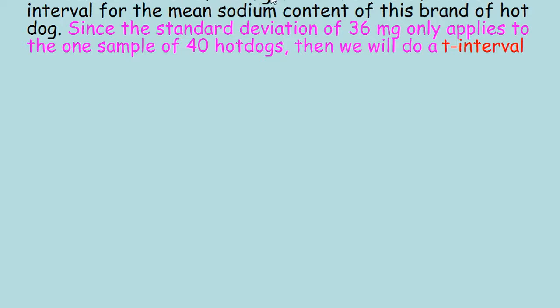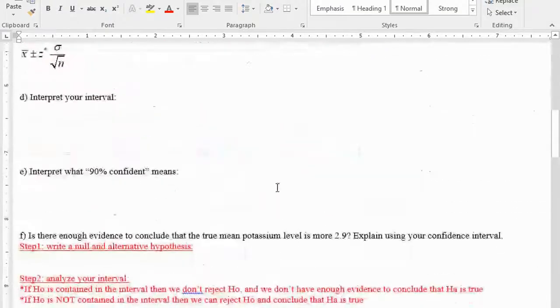This is what I was trying to say: the standard deviation of 36 milligrams only applies to the 40 hot dogs. So that's what's called a T interval. Get your pencils ready and let's try it.